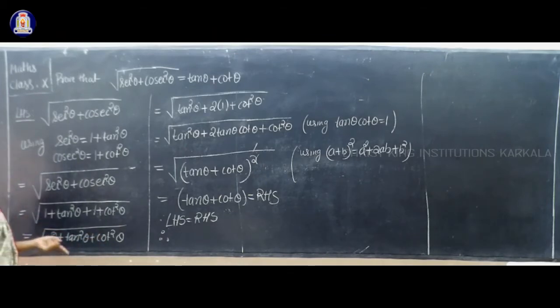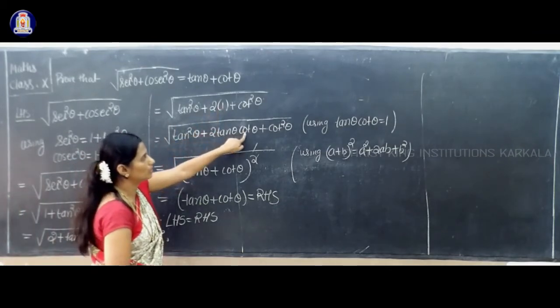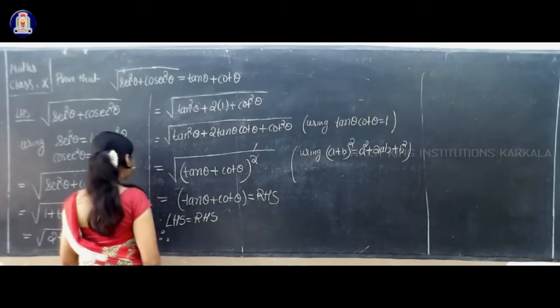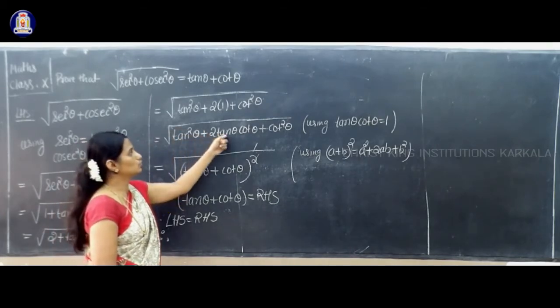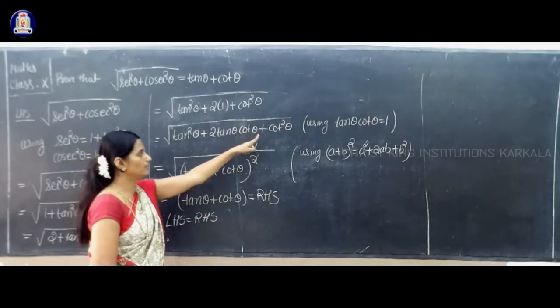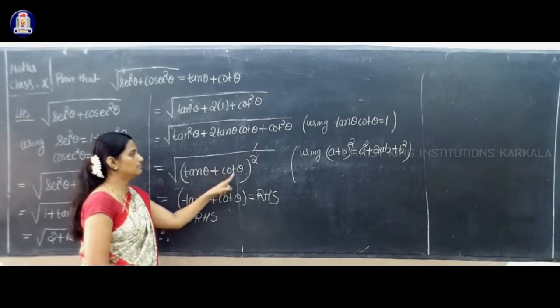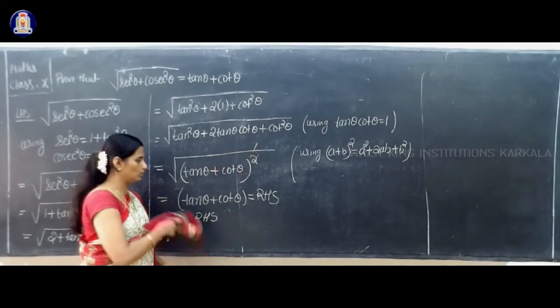I need ab, so that is 1, and 1 means tan theta into cot theta. So this step I am rewriting in the form of a square plus 2ab plus b square, which is a plus b whole square. Square and square root cancel.